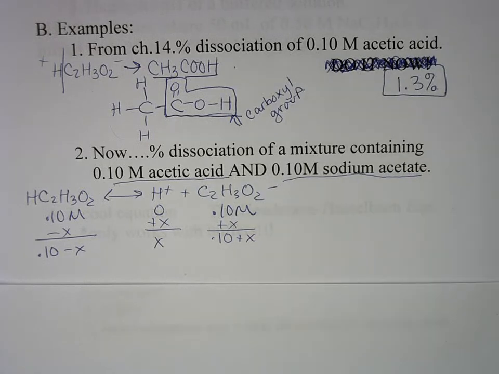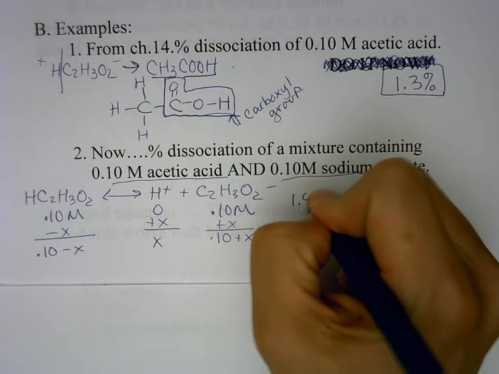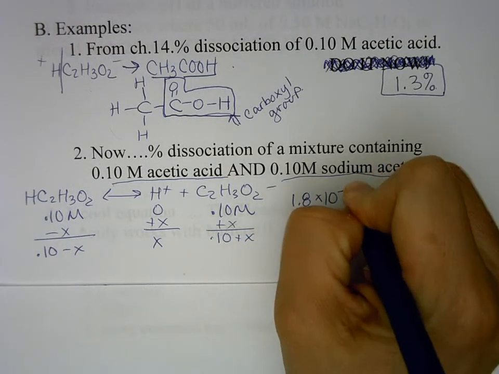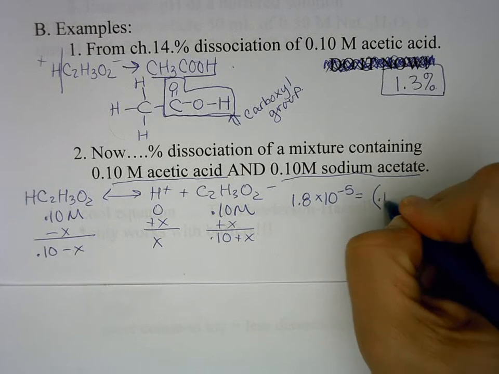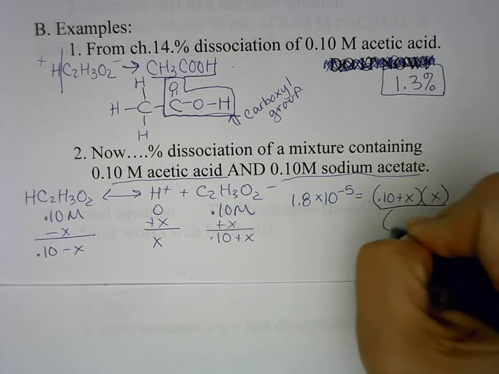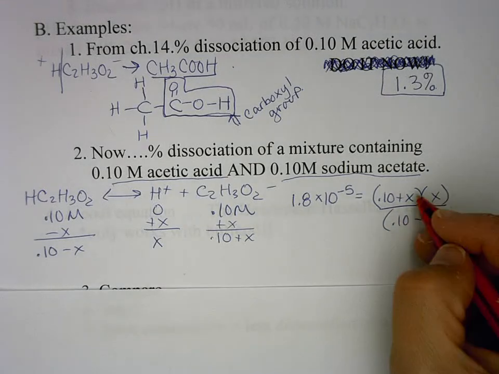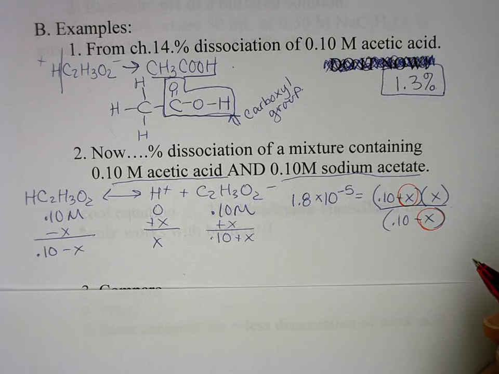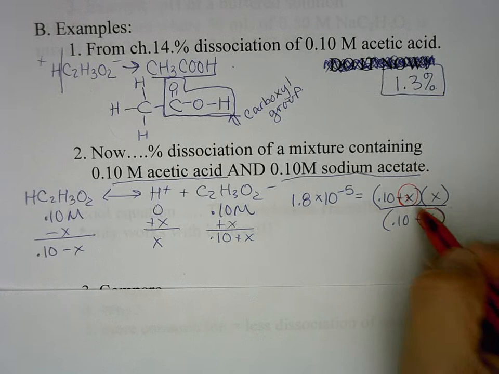You probably know the Ka value for acetic acid by heart because you use it so many times. Does anybody know? 1.8 times 10 to the negative 5. That's going to equal products over reactants, so 0.10 plus x times x over 0.10 minus x. Ka is super small. What can I do with those x's that I have circled in red?